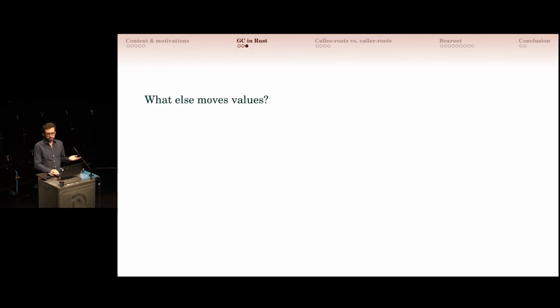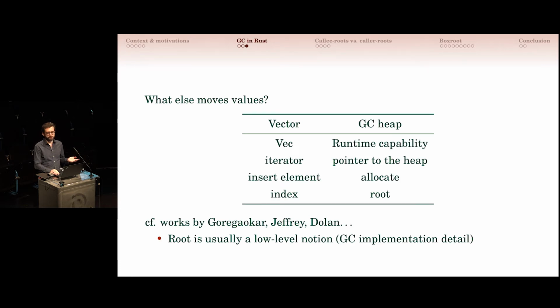So what else moves values? A GC, as I said. With this analogy, you can understand how we want to implement a GC in Rust. Instead of a vector, we will pass around a runtime capability that denotes the right to access the heap of OCaml. An iterator is a bit like a pointer into the heap.